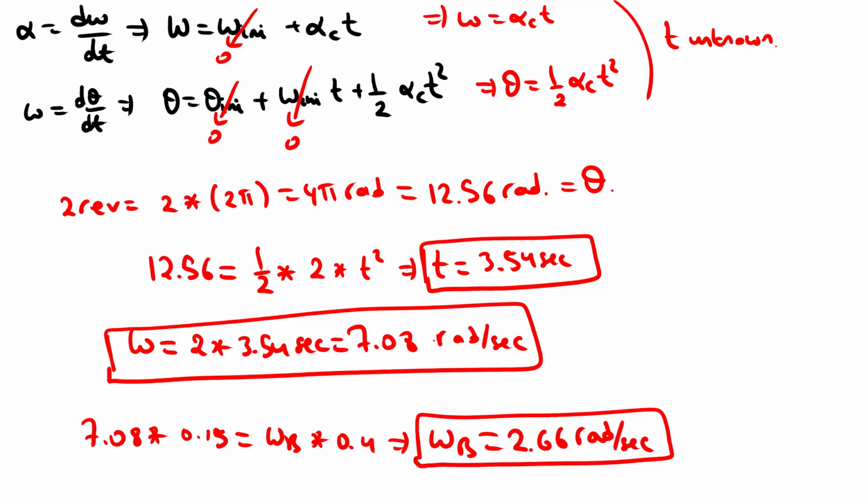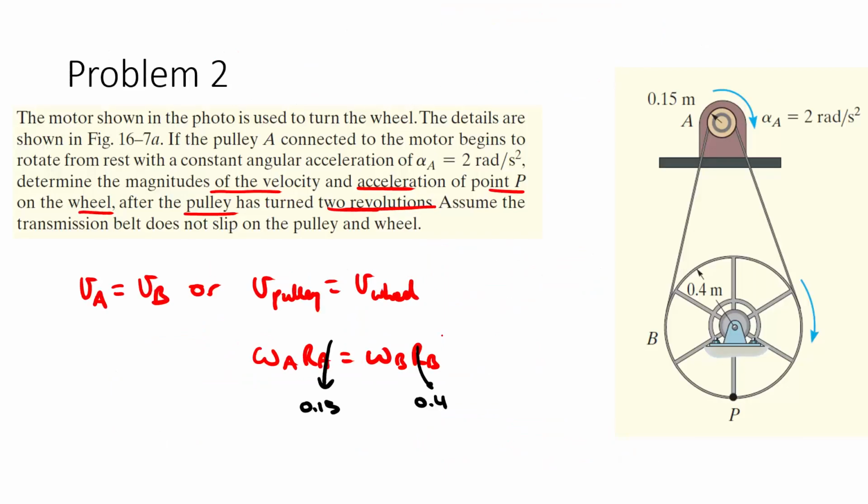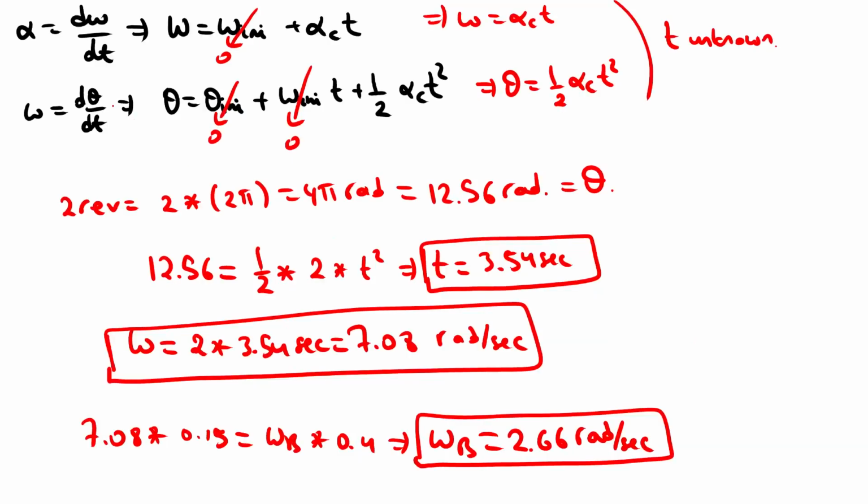So we have omega A and omega B, and then the question says to find the velocity. Velocity is not difficult: omega B times the radius B will give me the velocity at point P. Actually, at any point on the wheel, that will be the velocity.